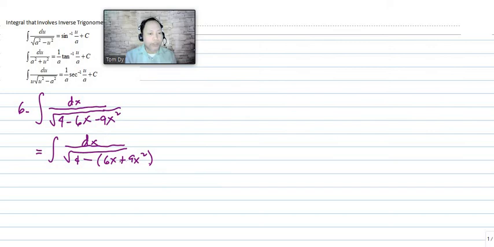And you have noticed that 9x squared plus 6x leads to a perfect square. So all we have to do is add a certain value here to form a perfect square for these particular functions.